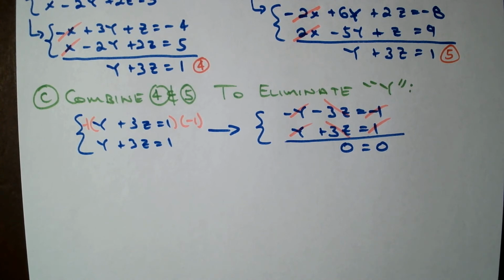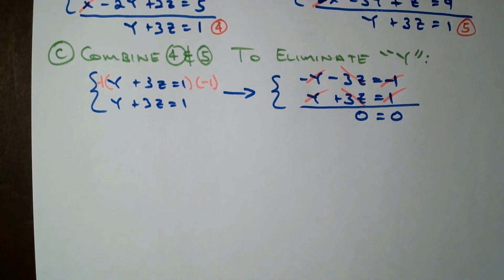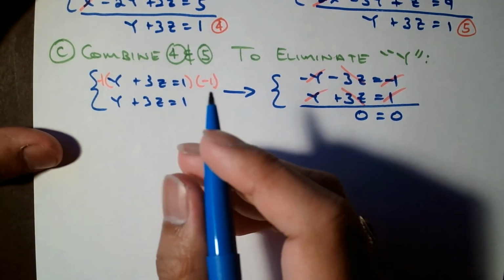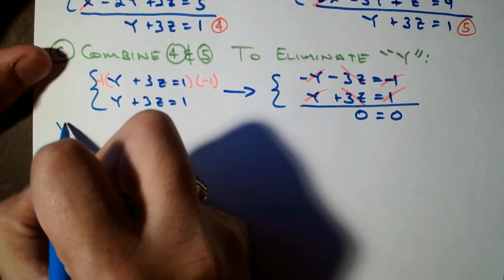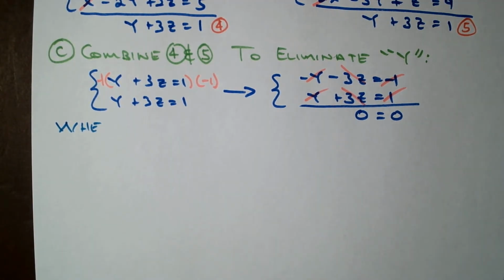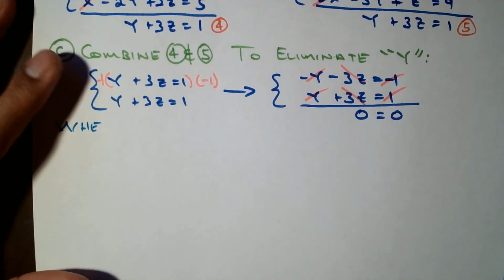Now, what are we going to do in a situation like this? Well, it's going to be a little bit more tricky to express the solution sets for these. So let's go ahead and do it. Let me write this down. Let me use a different color here. Let me use red instead.